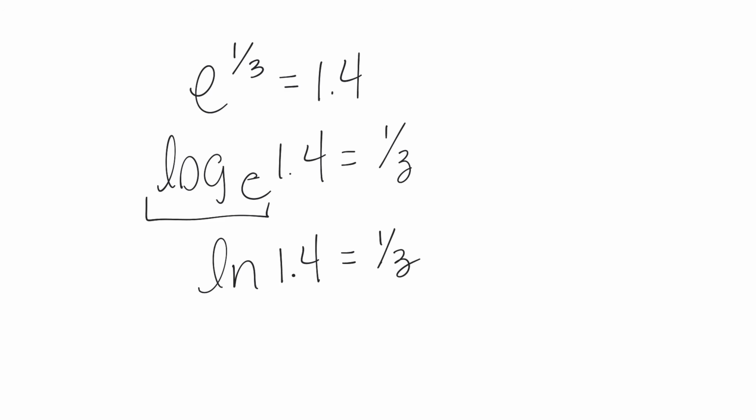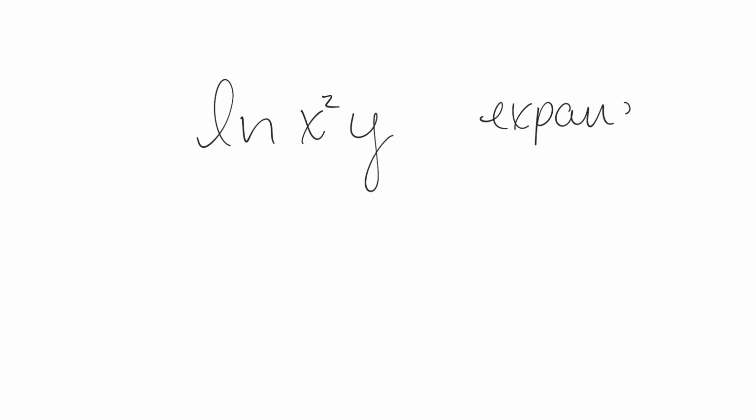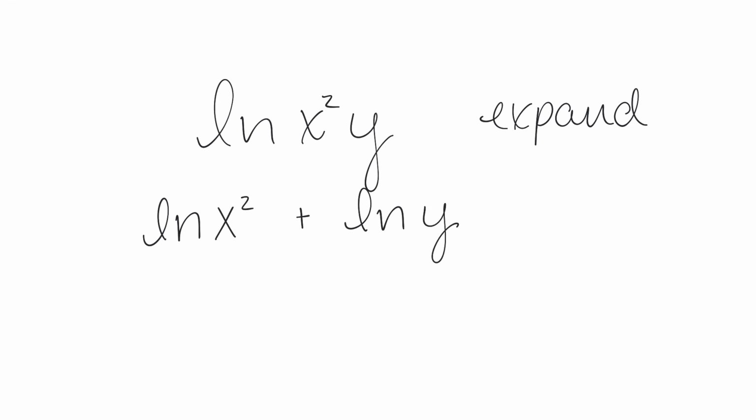All rules apply with natural logs. If you've got the natural log of x squared y, and you're asked to expand that, you can use your log laws. You can expand this to the natural log of x squared plus the natural log of y.